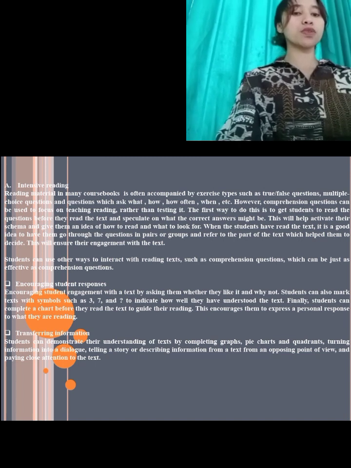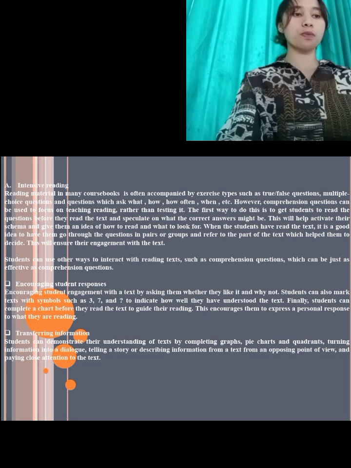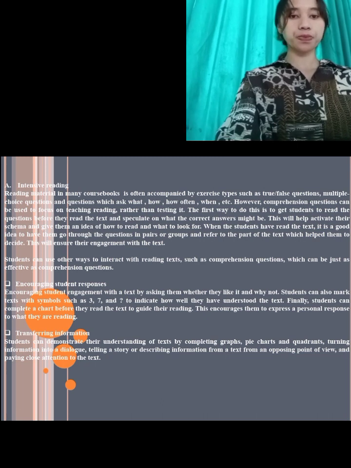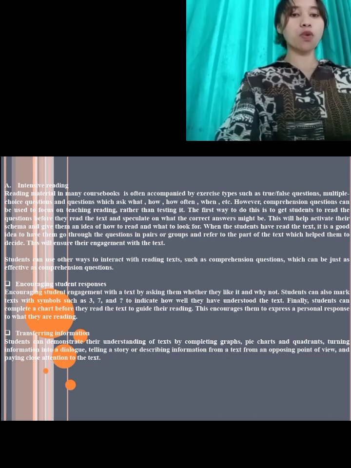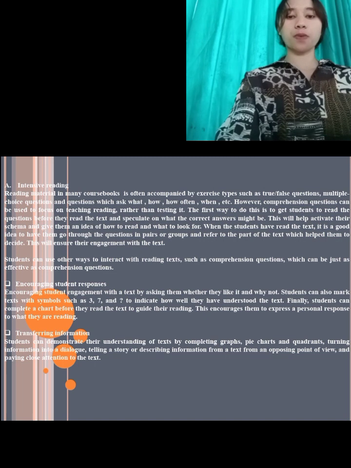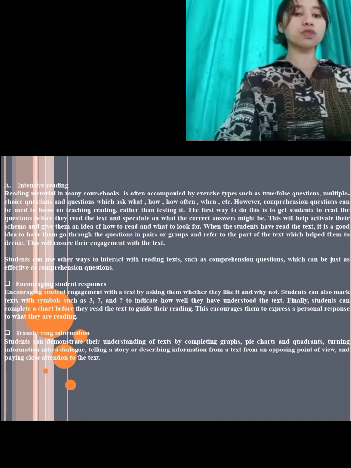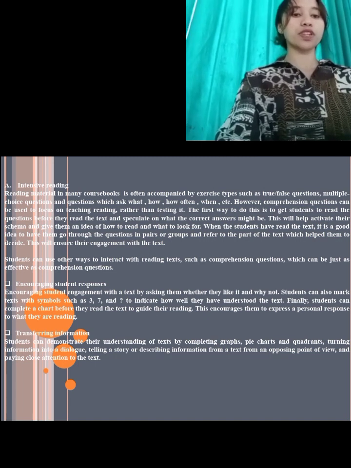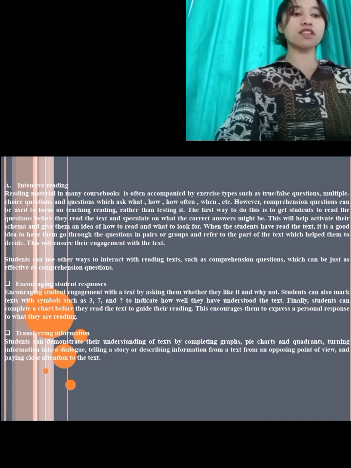Students can use other ways to interact with the reading text, which can be just as effective as comprehension questions. First one, encouraging students' responses. Encourage students' engagement with a text by asking whether they like it or not, and why.